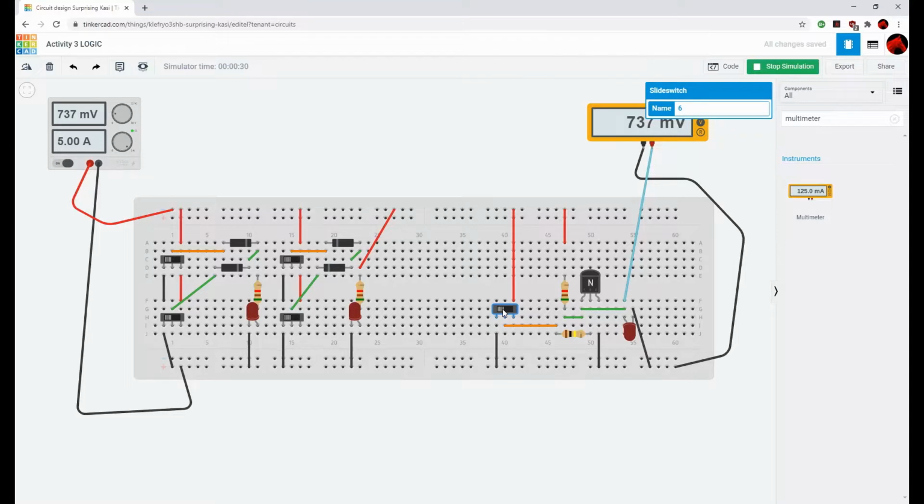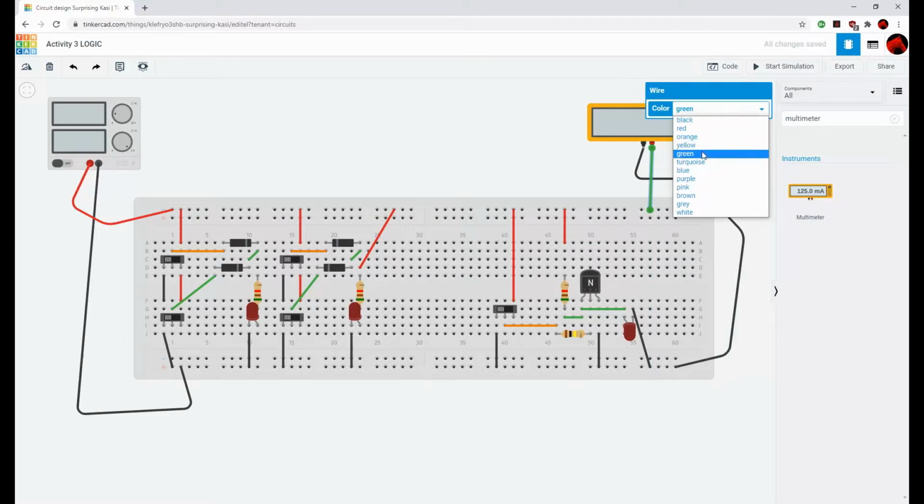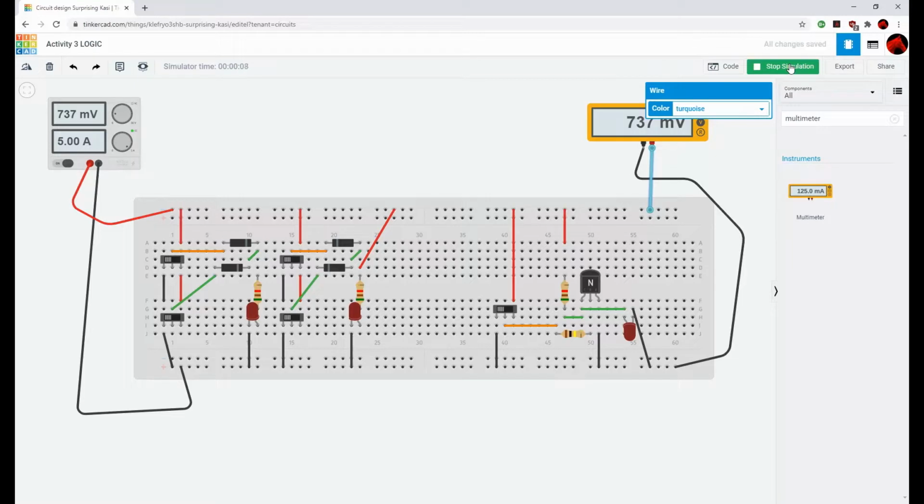Well, now this is interesting because it seems connecting the voltmeter is preventing the LED from turning on. And that is incorrect. That should not happen. Somehow, I've created a short circuit.